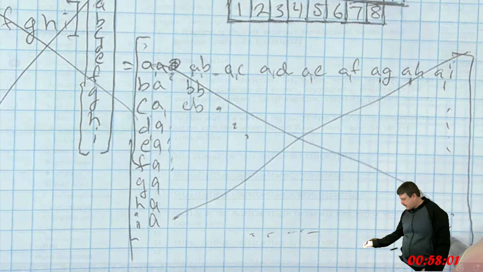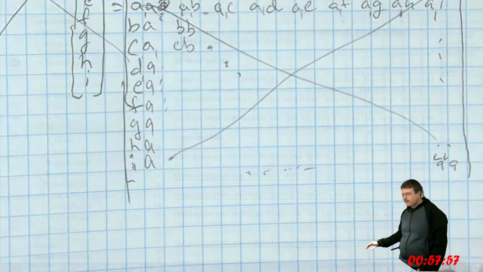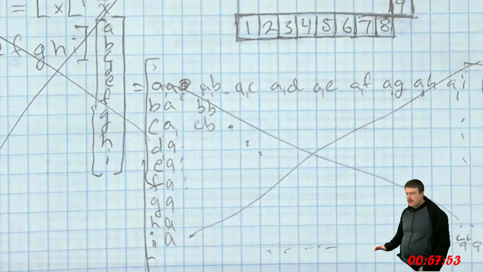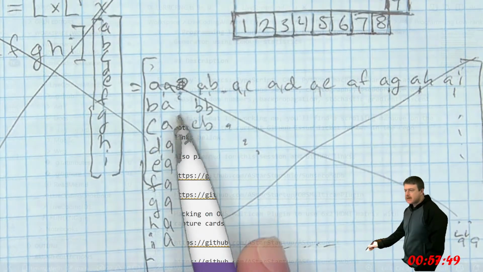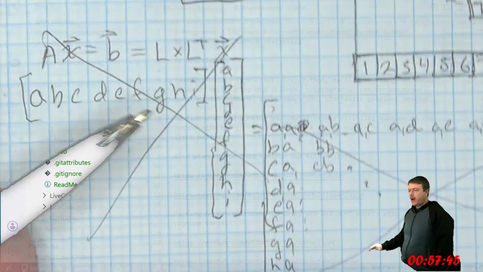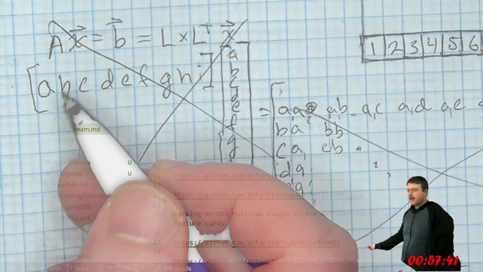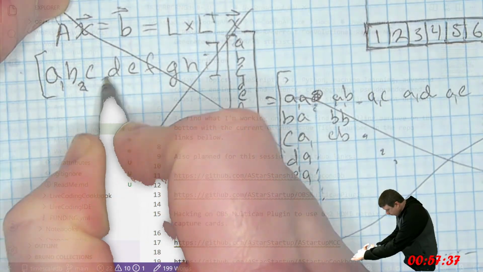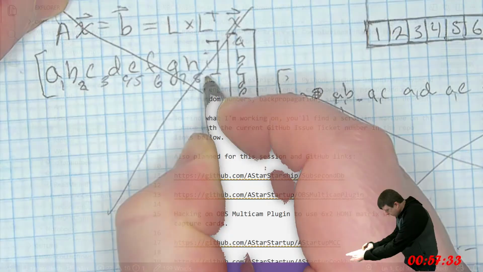What is it? Down in the corner. And so along the diagonals, what we're going to get is a product of A times A. Sorry, this is supposed to be 1, 2, 3, 4, 5, 6, 7, 8, 9.